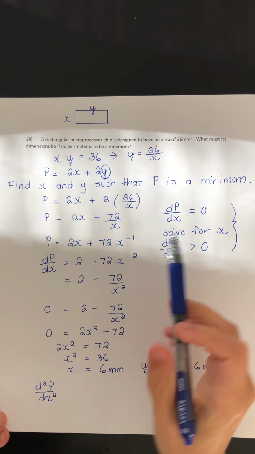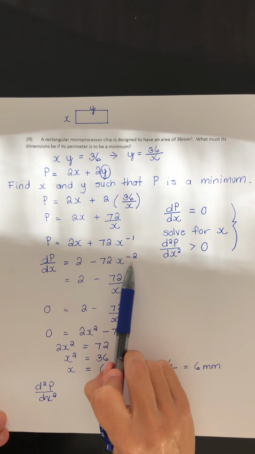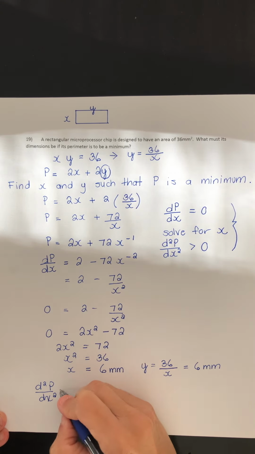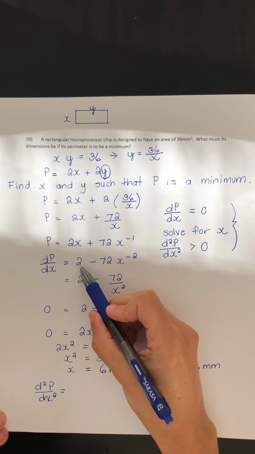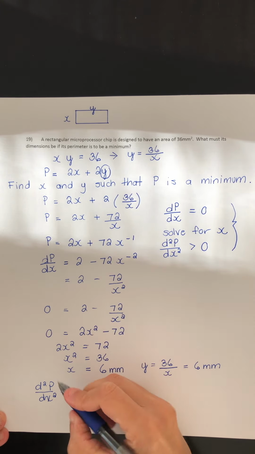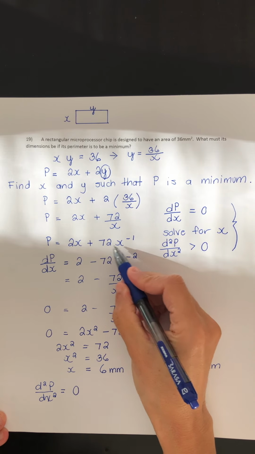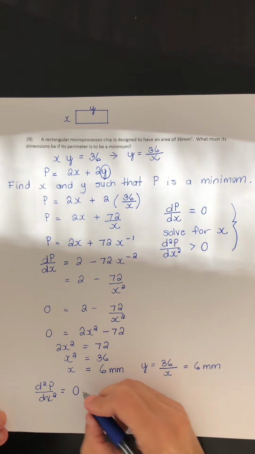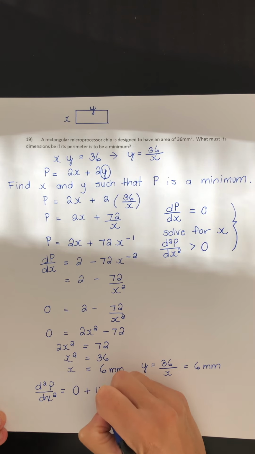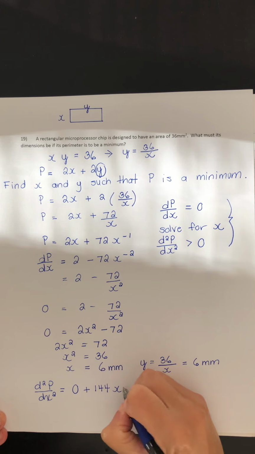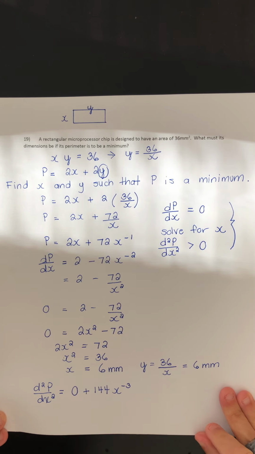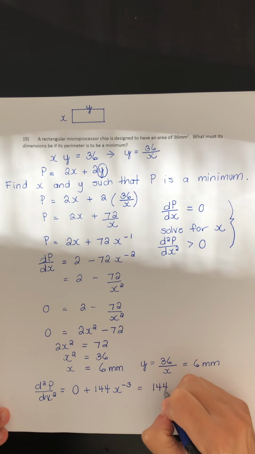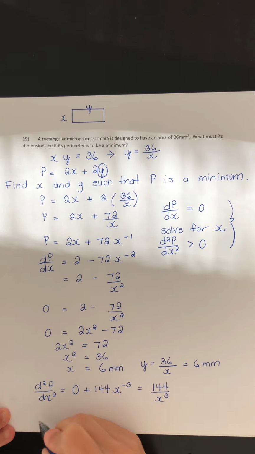So our first derivative was right here. So what will our second derivative be? Well, the derivative of 2 is 0. And then for this part, the negative 2 comes forward, multiplies by negative 72 to give us 144x to the negative 3. So we end up with 144 over x cubed.